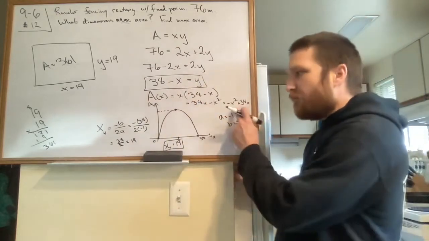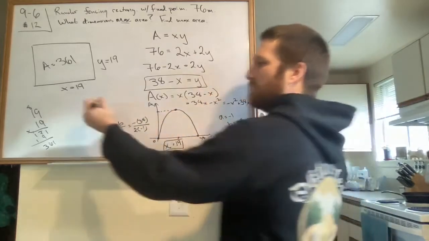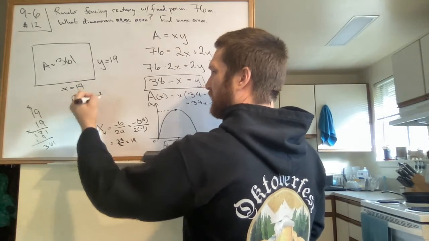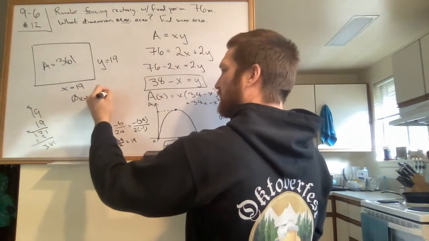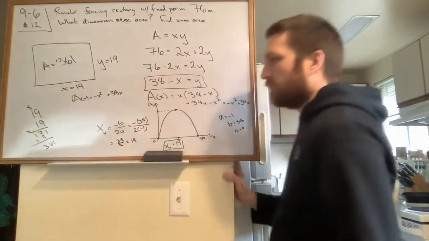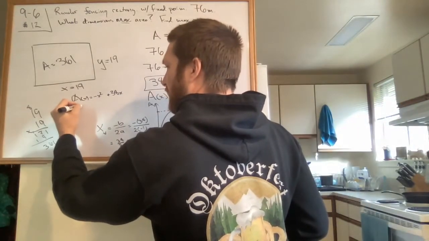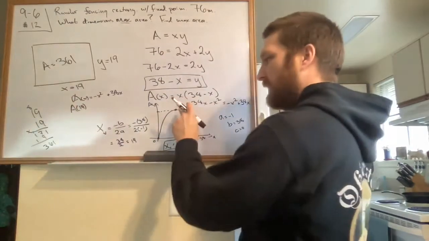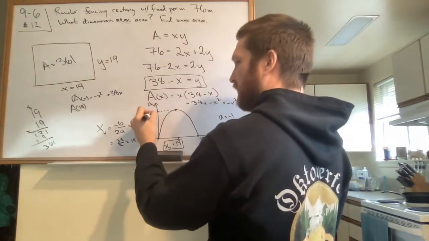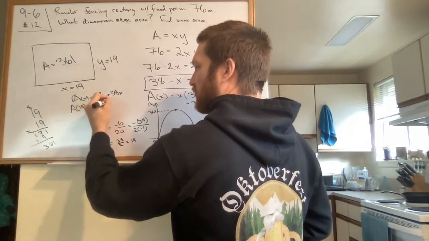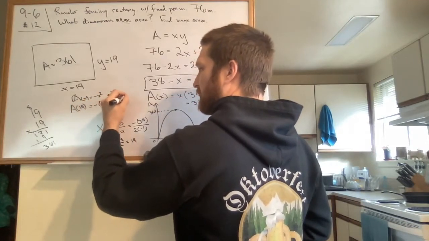Or if we hadn't done it that way, if we had kept it as A of x equals negative x squared plus 38x, let's plug that in. Let's plug in 19 for x and make sure that we do get out a 361 like it says we should. So negative 19 squared plus 38 times 19.